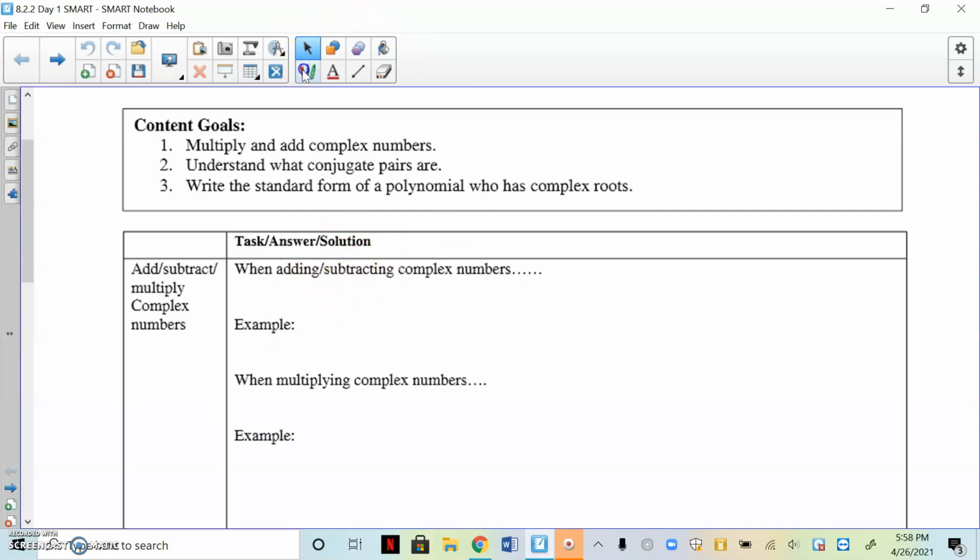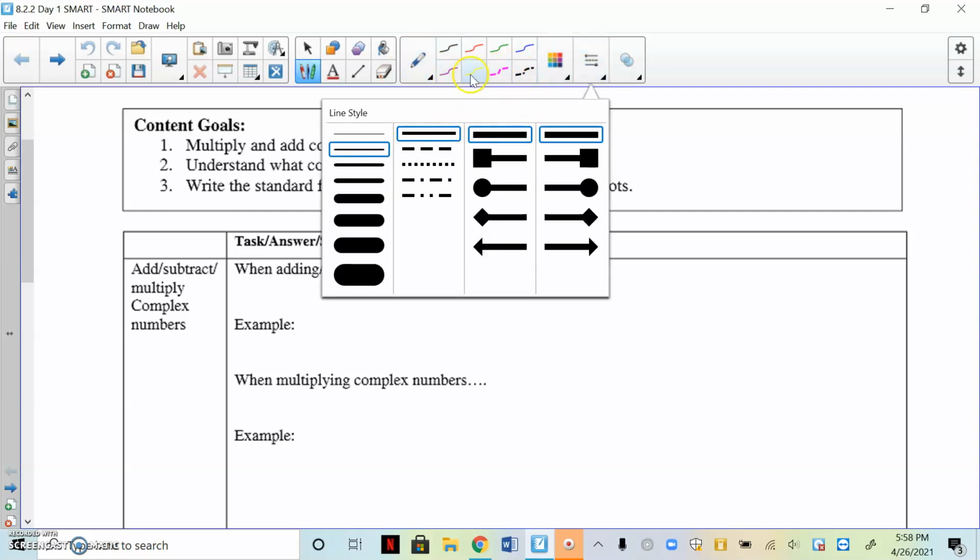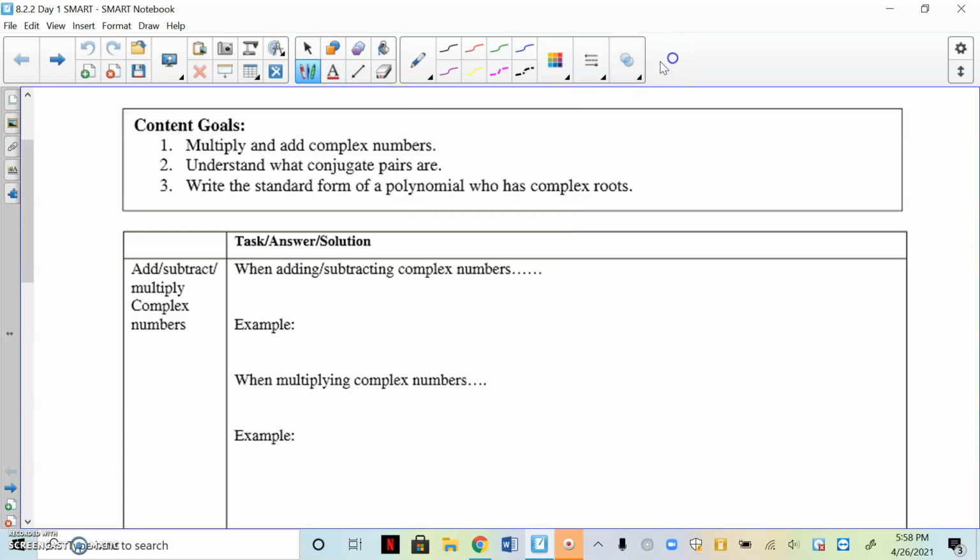When we are adding and subtracting complex numbers, there are a couple things that we need to pay attention to in particular. The first thing that's really important to remember is that if there is subtraction going on, we've got to distribute the negative sign when it's subtraction.